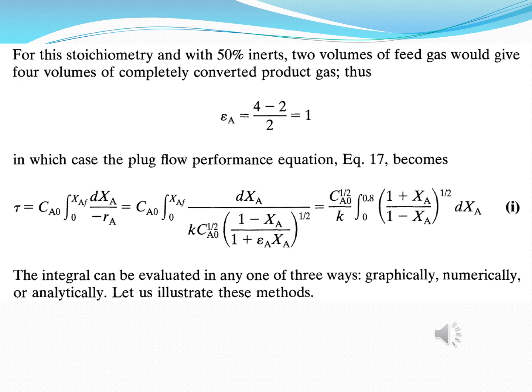In reality, if you see the chemical reaction, 1A gives you 3R. So the stoichiometric coefficient of A is 1 and the stoichiometric coefficient of R is 3. But you know that we have 50% inert, so one part of inert is also coming in with the reactant that will occupy volume in the reactor.